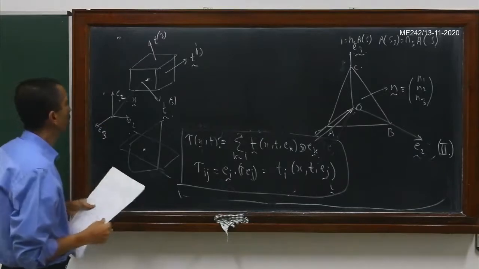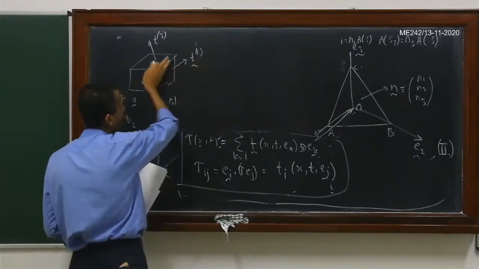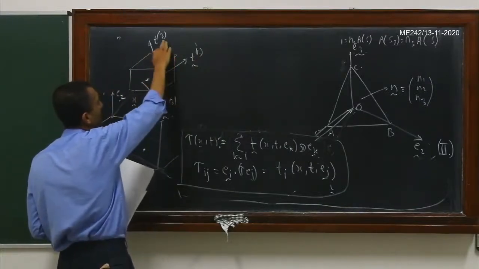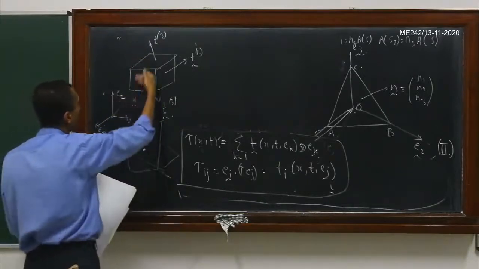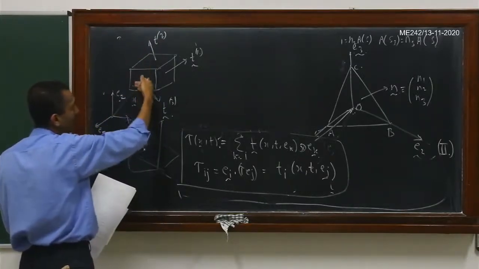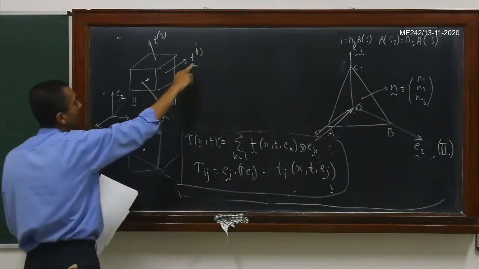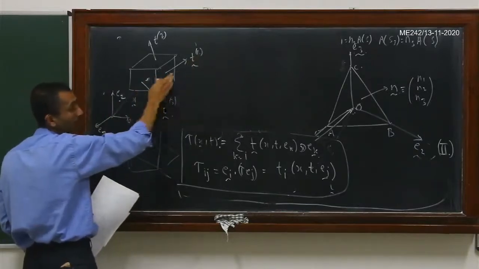Yeah, so this T1 is the traction vector that is acting on this particular face. T2 is the traction vector that is acting on this face, which has a normal e2, and T3 is the traction acting on the face whose normal is e3. Okay, so this subscript 1 basically indicates that the normal to this face is e1.